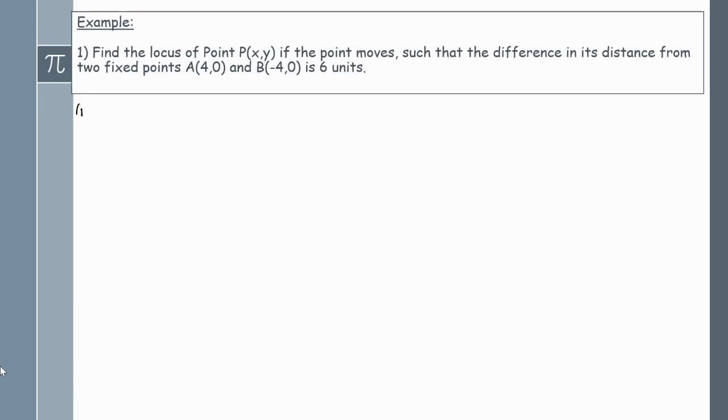First example. Find the locus of point P if the point moves such that the difference in its distance from two fixed points A and B is 6 units. I'm going to write this a little more simply using words and then mathematical notation. So I first have the distance of P(x, y) to a point A (4, 0).